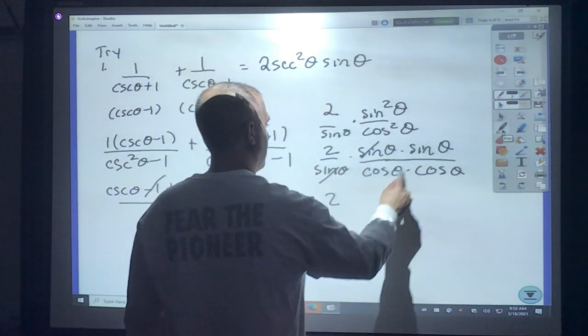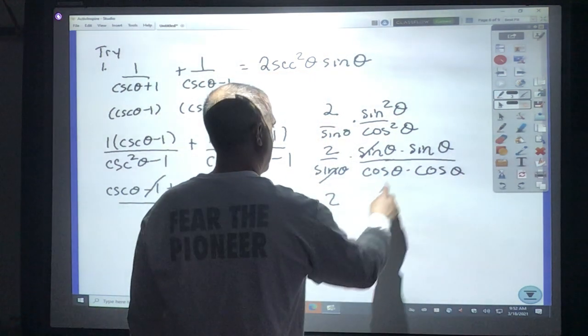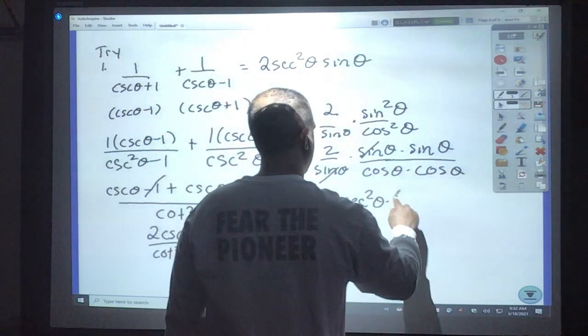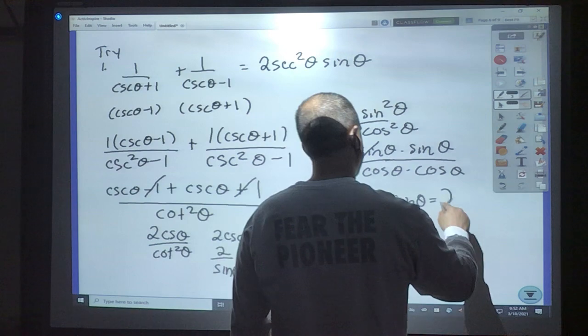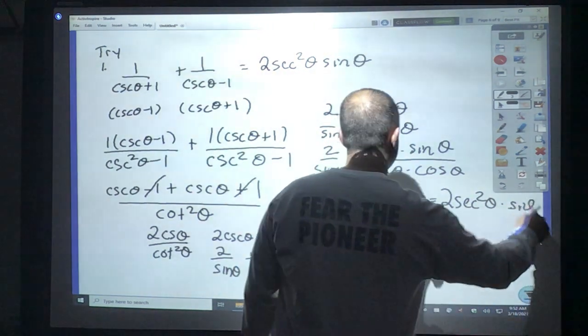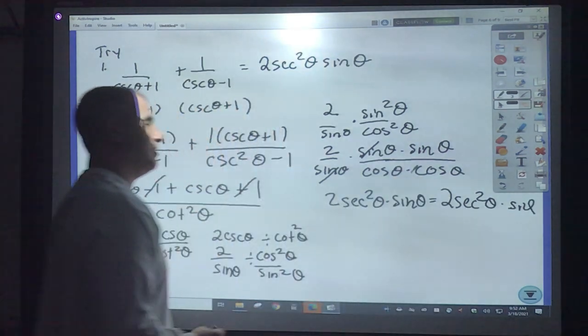Okay, so this would be cosine squared, which would give me my secant squared, times sine theta. It's going to equal the same thing, okay? Okay, reason this is cosine, okay? All right.